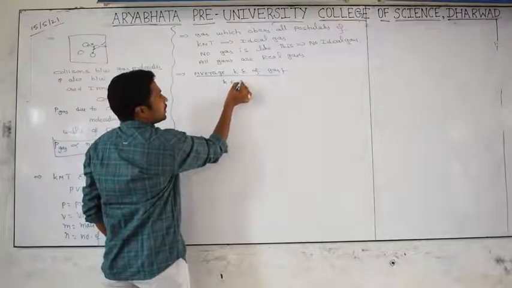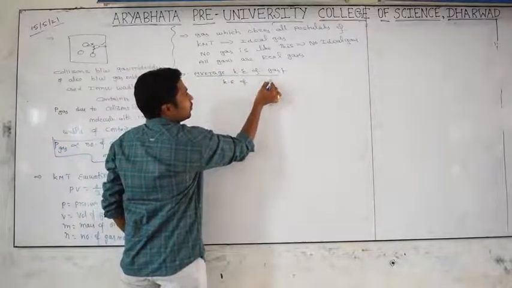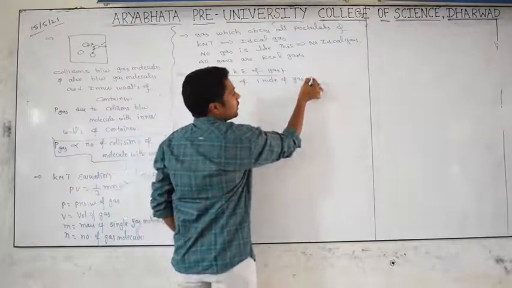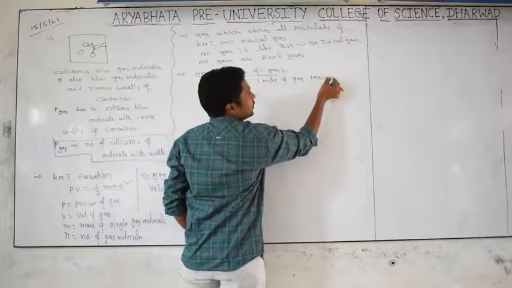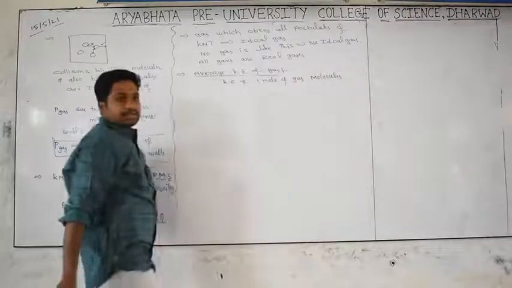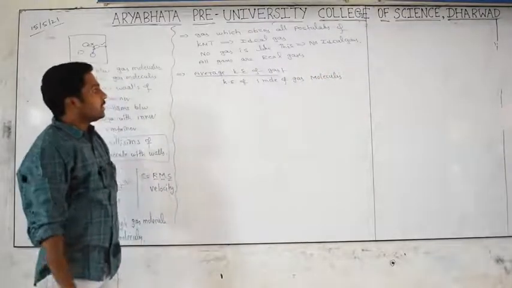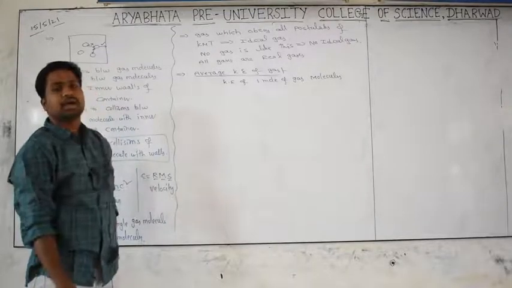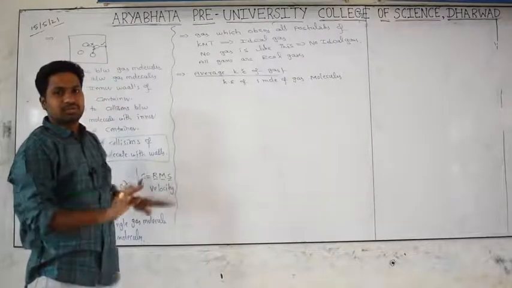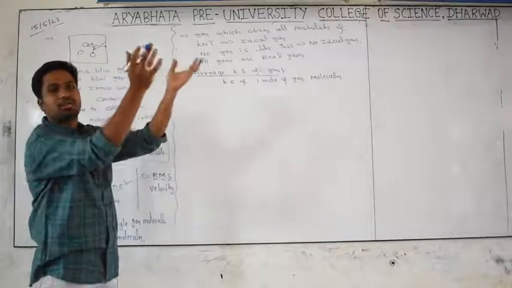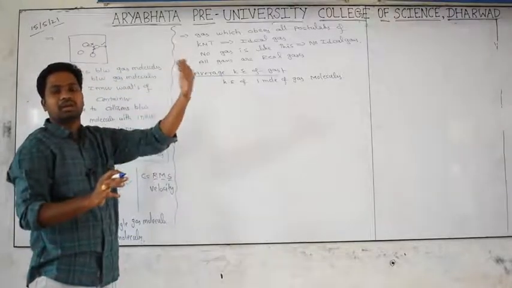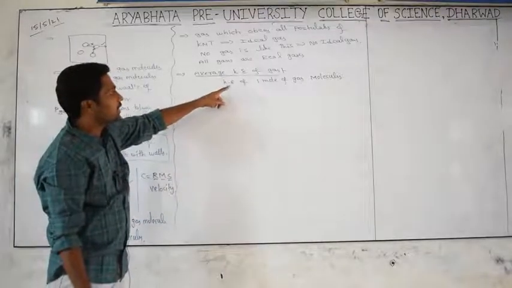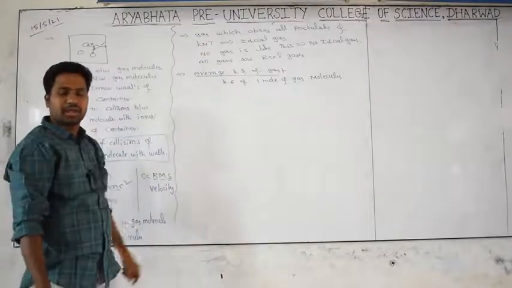The kinetic energy of 1 mole of a gas molecules is called the average kinetic energy. So, very important, average, all together. Total energy by number of molecules is called the average. So average kinetic energy means the kinetic energy of 1 mole of gas molecules.